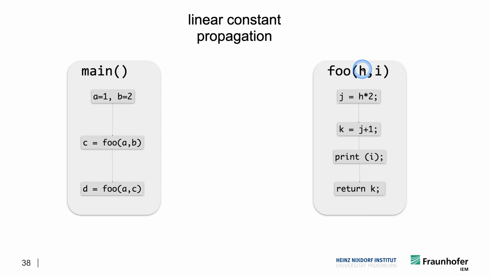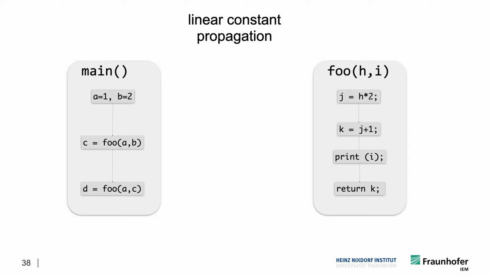So the value h in particular is relevant for the procedure summary for foo, whereas the parameter i is simply printed. That doesn't have any effect on the caller, and therefore it also doesn't need to become part of any procedure summary. Also note that the constant propagation here can be linear, so these are only linear equations. That means they only refer to a single variable, not two of them.